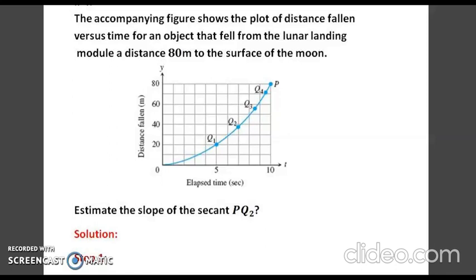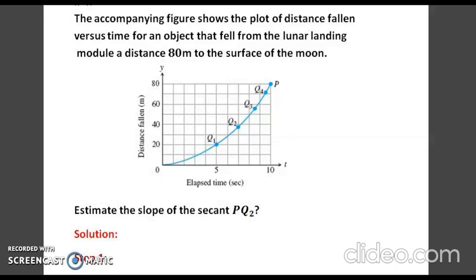This figure shows the distance fallen versus time for an object. This is the distance fallen on the y-axis. This is the time on the x-axis, meaning t.